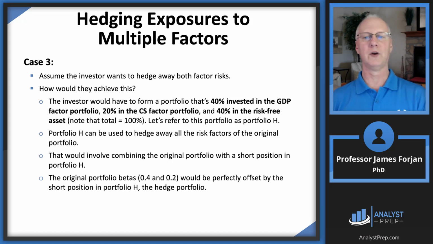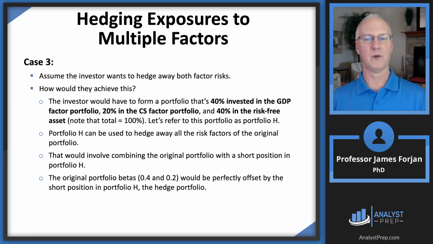All right, so what we're going to do is form another portfolio here. Let's refer to this portfolio as portfolio H, like the hedged portfolio. We're going to do 40% in the GDP factor, 20% in the consumer sentiment factor, and 40% in the risk-free portfolio.